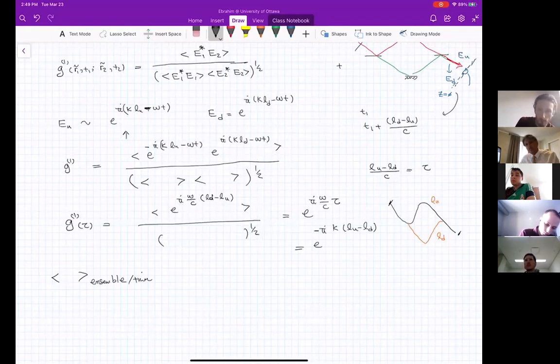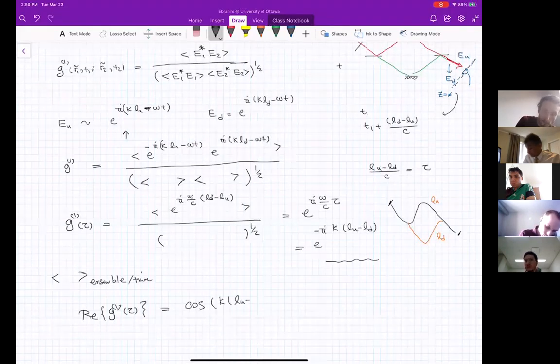And if you look at the interference effect, the interference effect was given by the real part of this function. So the real part of G1 of tau defines the interference effect, which is cosine of k (LU minus LD). And this is what happens in a Mach-Zehnder interferometer.